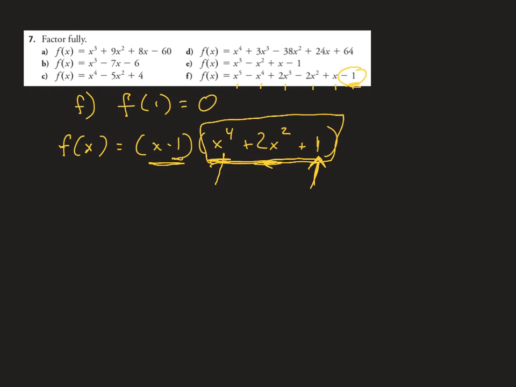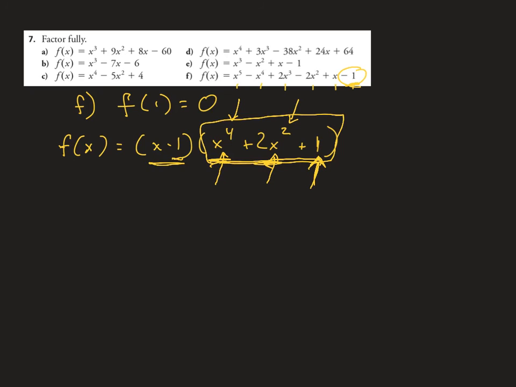But how are you going to get a negative out of an x to the 4 and an x squared? No matter what number I put in for x, the answer is not going to be a negative number because it's to the power of 4. The x squared will never be a negative number. So you're never going to get negative 1 so that we can make this whole thing 0.